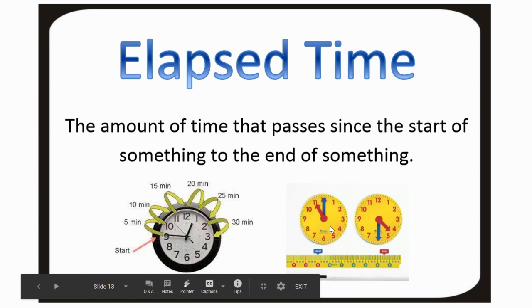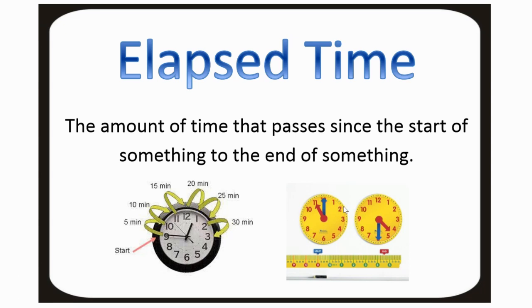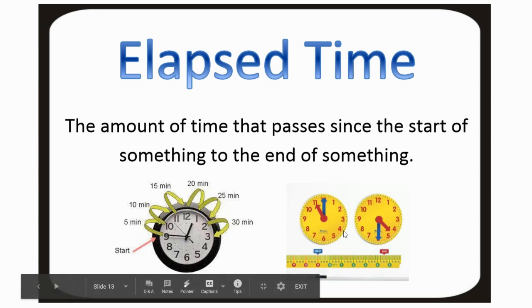If we looked at these two clocks, this one says 11 o'clock and this one says 4:30. And we'd have to figure out how much time it took to get from 11 o'clock to 4:30. Okay, so you could count the hours. 11 to 12, 12 to 1, 1 to 2, 2 to 3, then 3 to 4, okay?